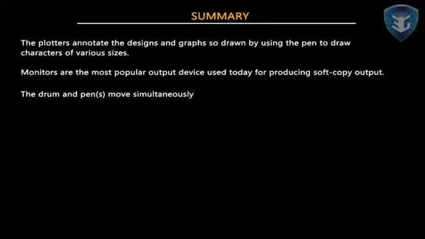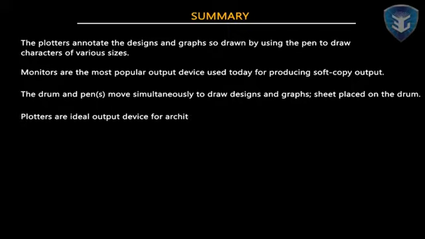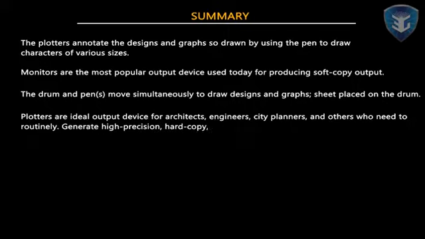The drum and the pen move simultaneously to draw designs and graphs, sheet placed on the drum. Plotters are ideal output devices for architects, engineers, city planners and others who need to routinely generate high-precision hard copy graphic output of widely varying sizes.